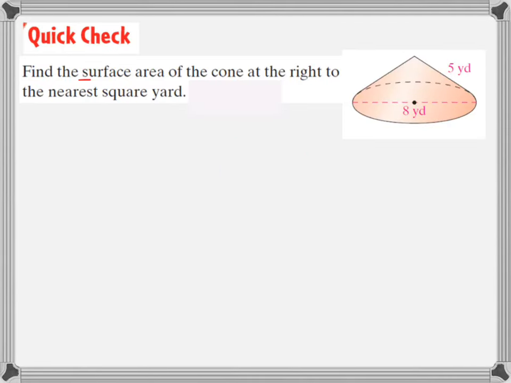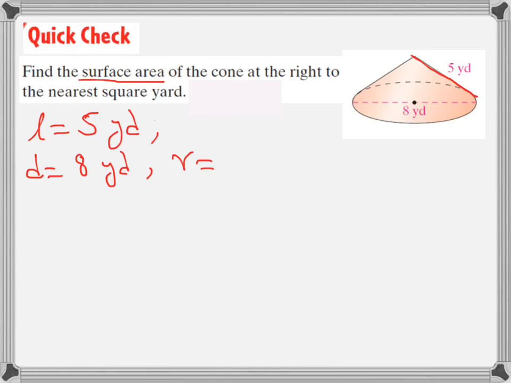Find the surface area of the cone at the right to the nearest square yard. So in the cone, how much is the slant height of the cone? This is the slant height, which is 5 yards. And how much is the diameter of the cone? 8 yards. So how much will the radius be? 4 yards.